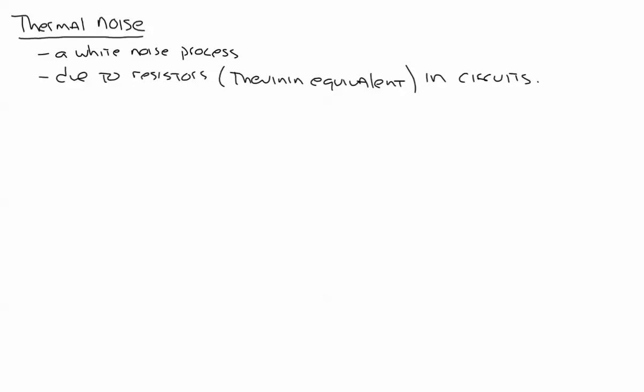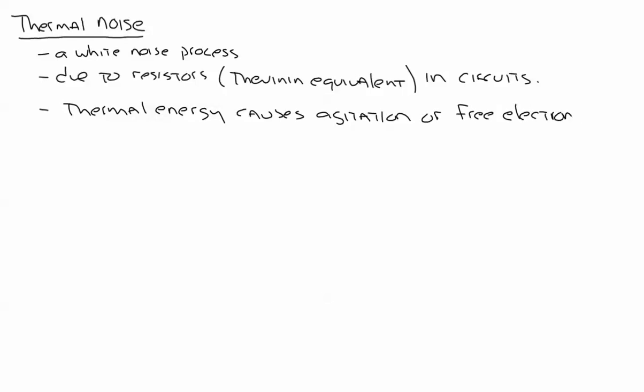So basically what happens is this. If we're at any temperature above absolute zero, there's thermal energy that's agitating the electrons in compressed carbon resistors. So thermal energy causes agitation of free electrons in resistors.